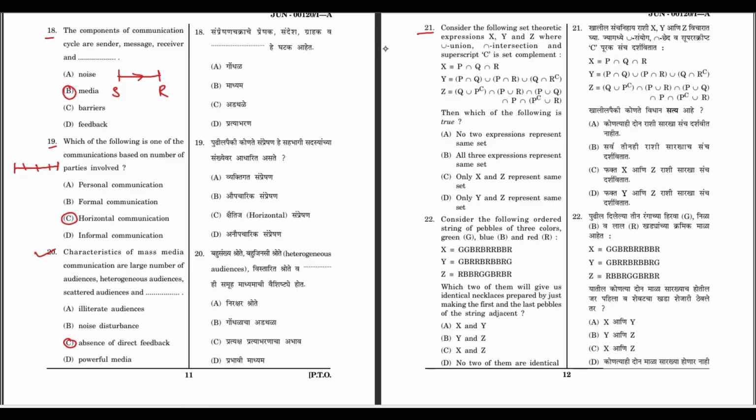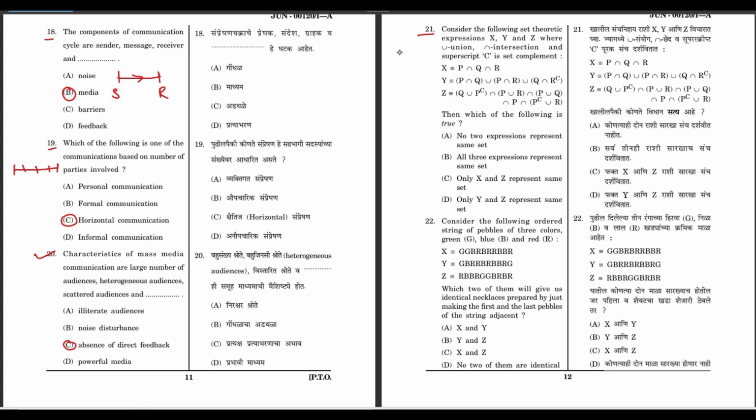Next, question number 21 to 25 is from mathematical reasoning. Consider the following set theoretical expressions X, Y, and Z, where union, intersection, and superscript c is set complement.